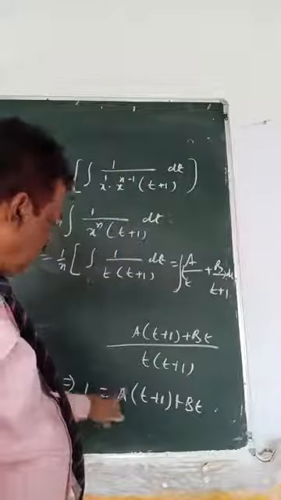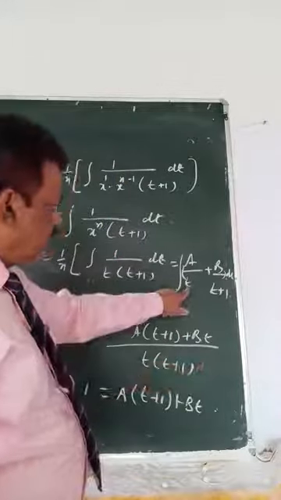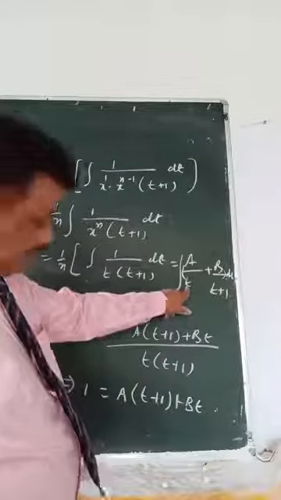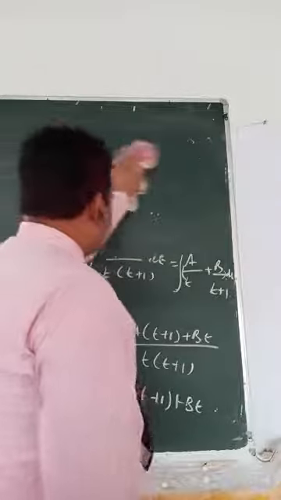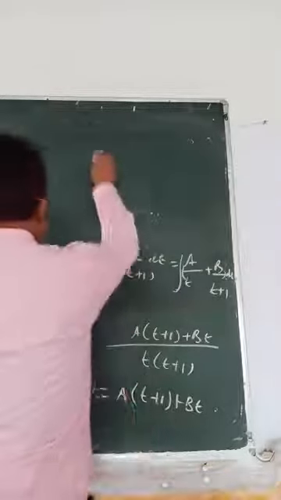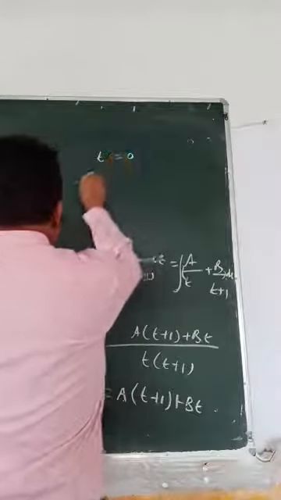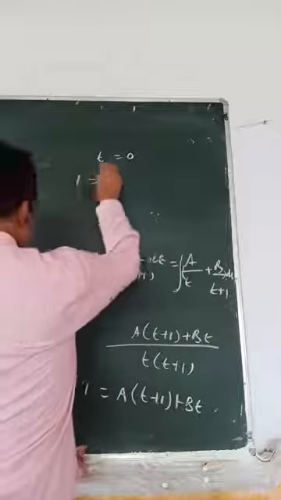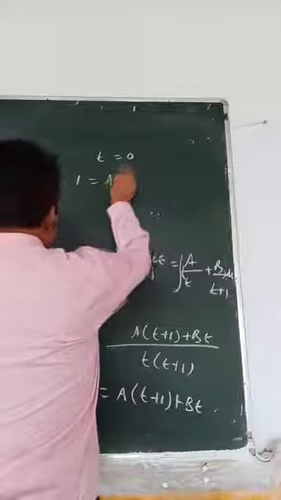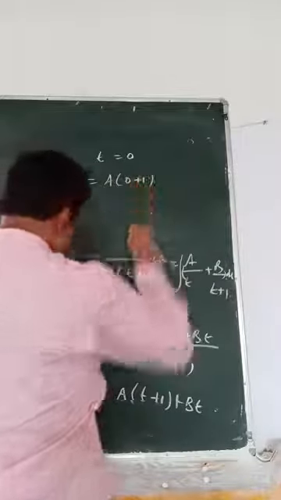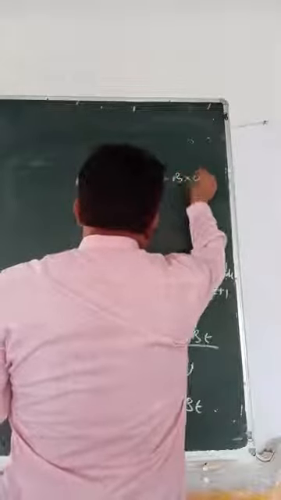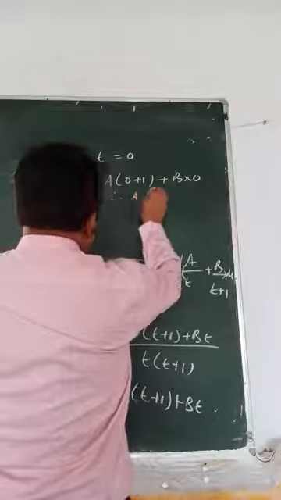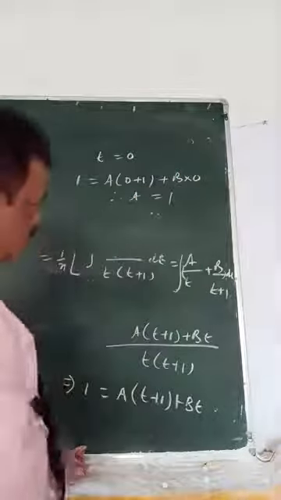So now again the clue is here. What do you put so that this will be 0? Put t equals 0. So 1 equals a into 0 plus 1, plus b into 0. Therefore a equals 1. What do I put so that this will be 0?